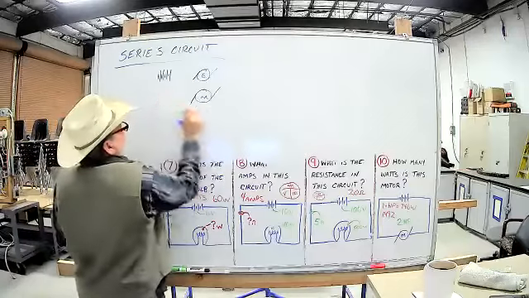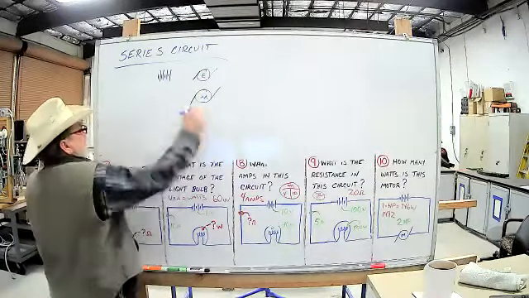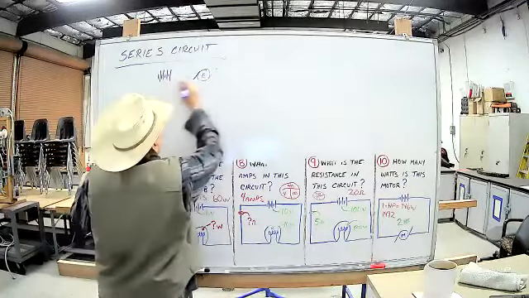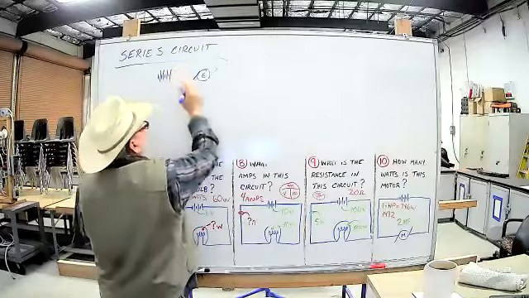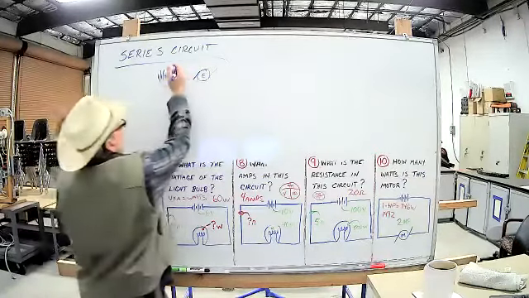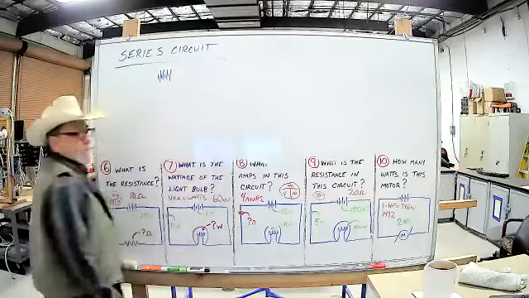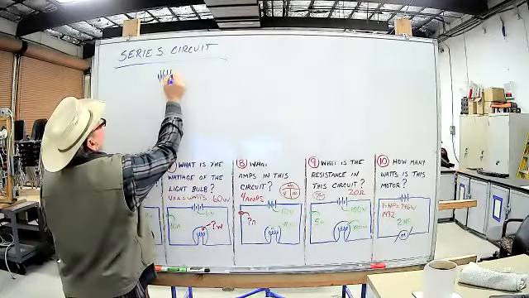But since those two are similar, the G will make it a generator. The M will make it a motor. But in this case, we're going to use a battery. We'll keep it simple. Battery, that's your voltage source.